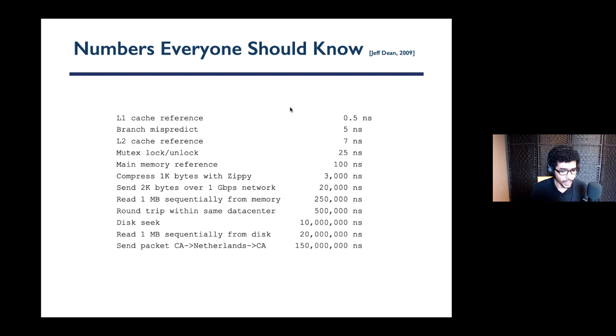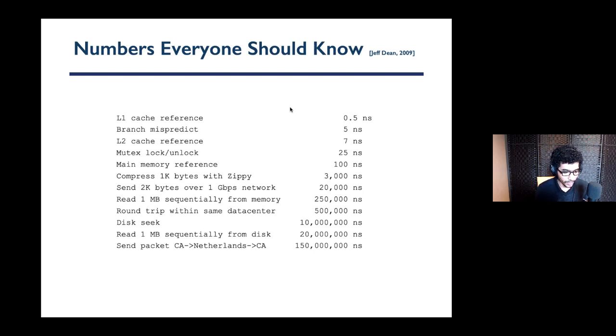Going further, like if you want to lock a mutex, that's going to be about 25 nanoseconds, right? Now, an order of magnitude more would be basically something like compressing 1 kilobyte with Zippy. And an order of magnitude more than that is going to probably be when you go to the disk.